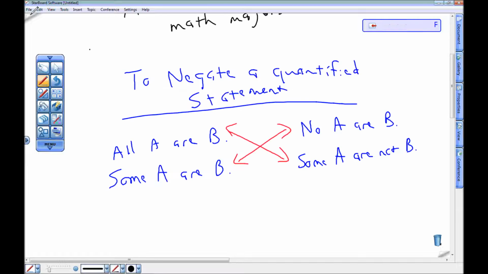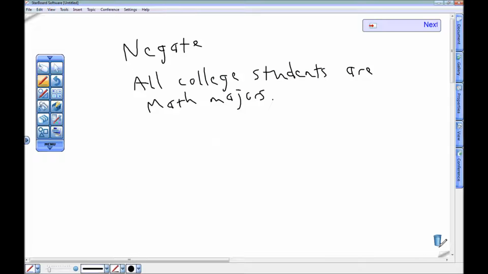Well, when I look at that, I see it's an all A are B type statement, so I want to negate it by saying some A are not B. So I want to change this all A are B to some A are not B for the negation.